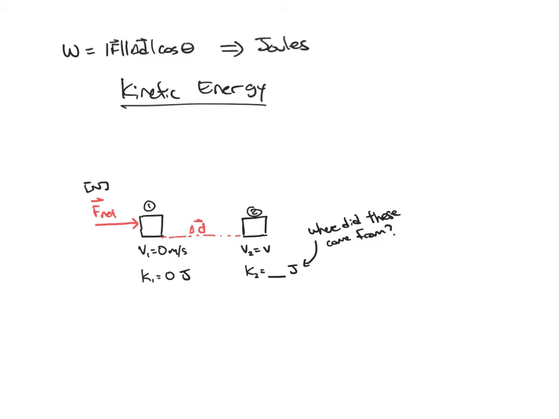So a good formula for kinetic energy may actually just be the work done by the force. The work done by the force on the box gave this box kinetic energy. And that is force times displacement times cosine theta.